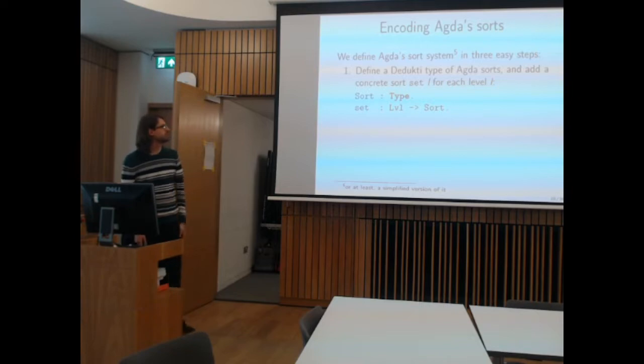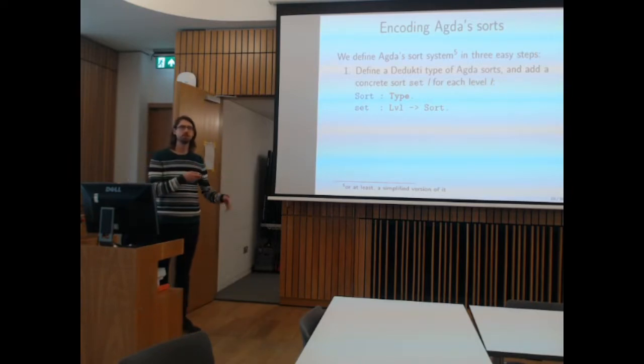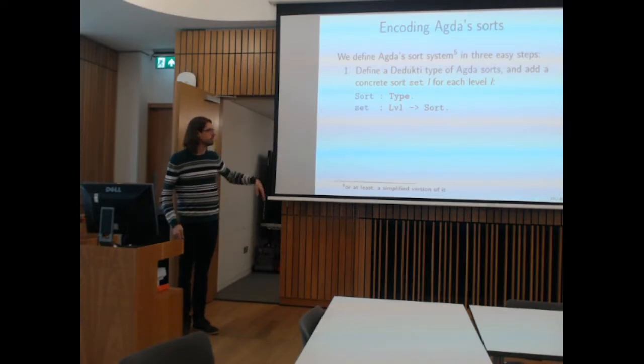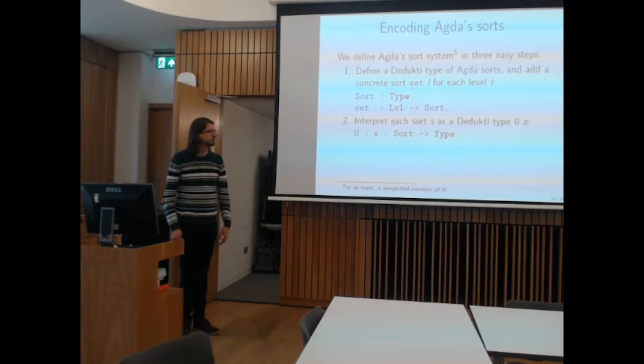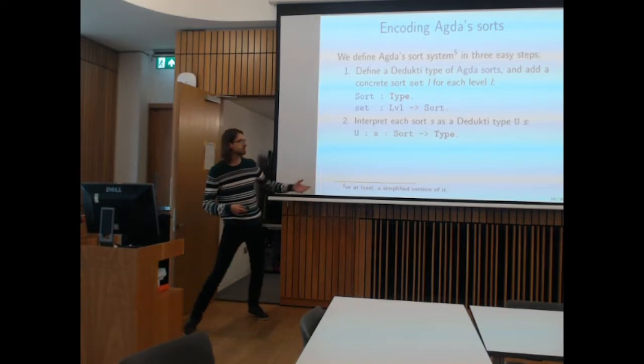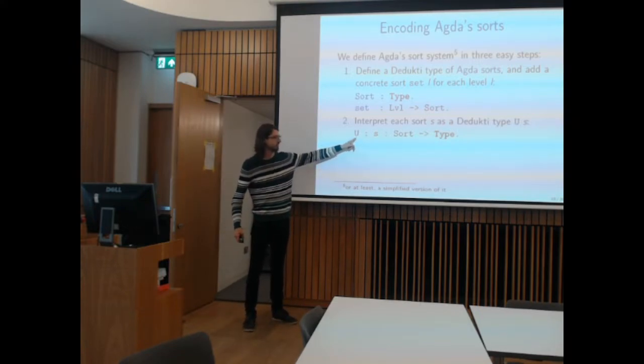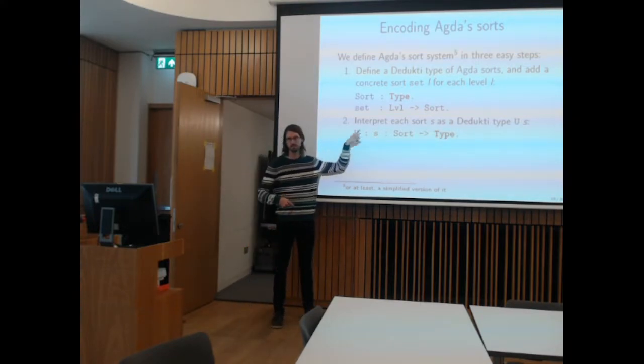So where do we start? Well, we want some sort system, so we define a new deductive type of Agda sorts. For now, let's just assume we have a sort set L for each level. Then we need to interpret each of these sorts as the type of its elements, this U, which is needed because of the previous slide.